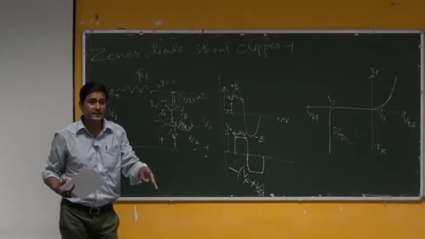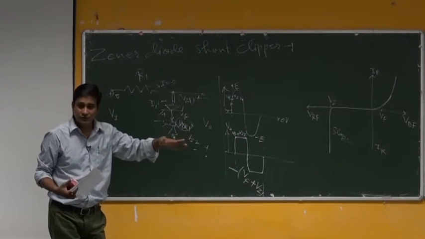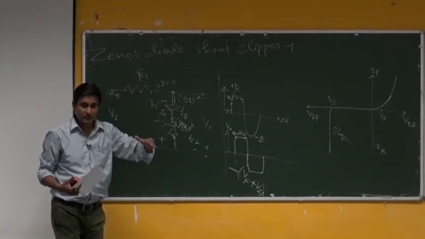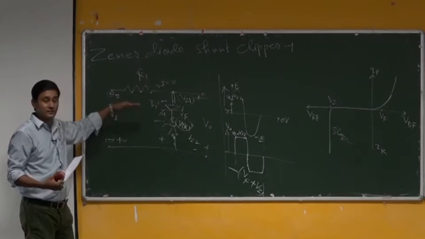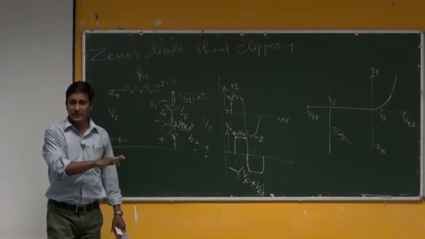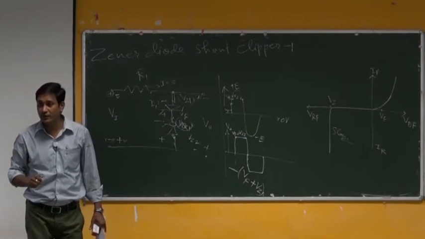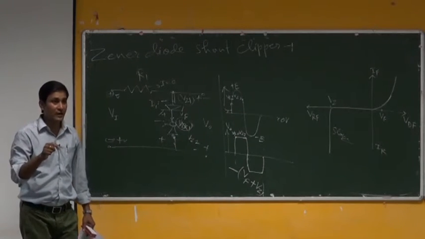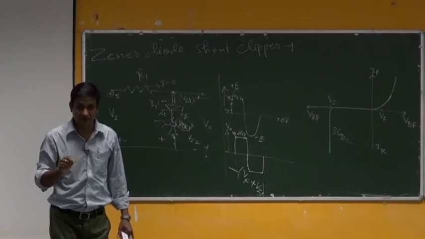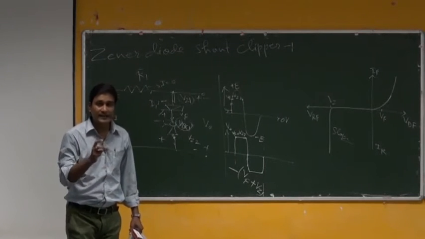Now, if it changes, this level will change to a different position for clipping. That's why I said since Zener diodes are available with different Vz, we will use that advantage there, so that we don't have to use an external battery, or an external power source, or an external active device, which is the energy source.